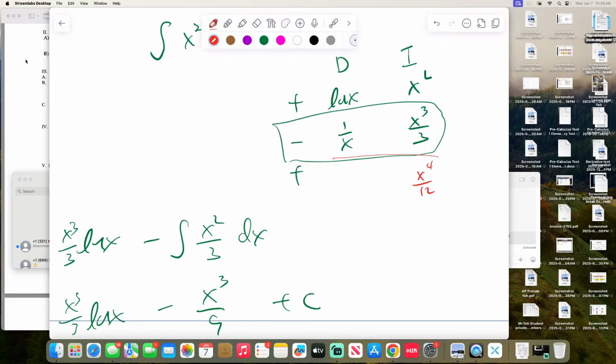L, I, A, P, E. The only one that's not a transcendental function is A. A is algebra. So it's also known as LIATE, the combination of L, I, A, T, E. And the order matters. You cannot rearrange that order. It has to be in that order.